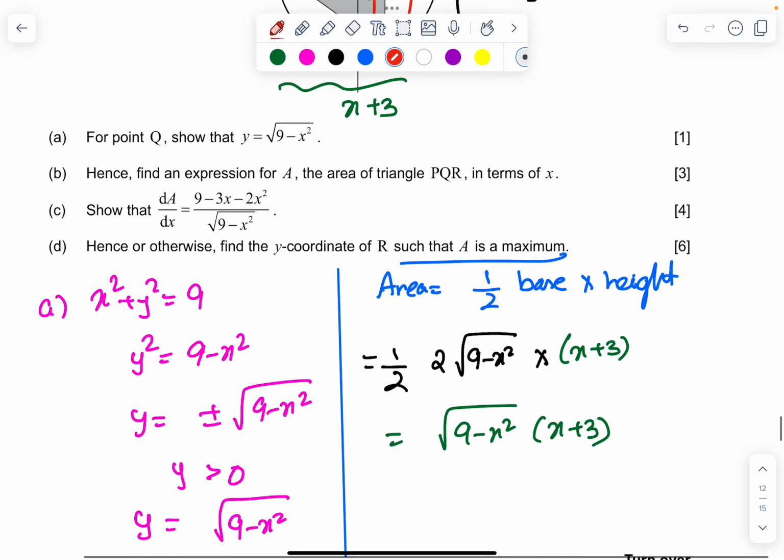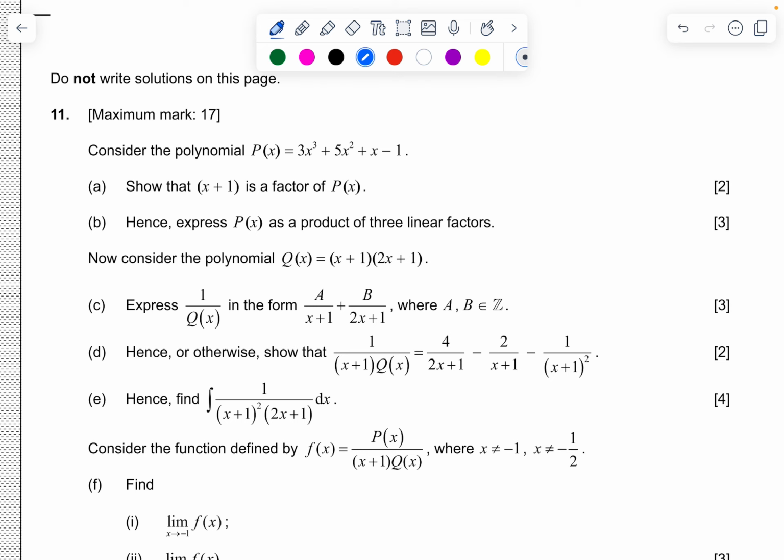Now we are left with question number 11 and 12. Question number 11, so let's see what this question is about. It is about a polynomial function p of x equals 3x cube plus 5x square plus x minus 1.